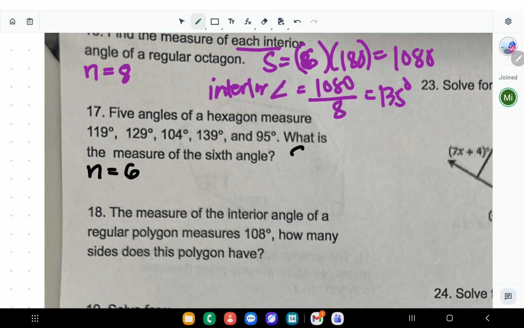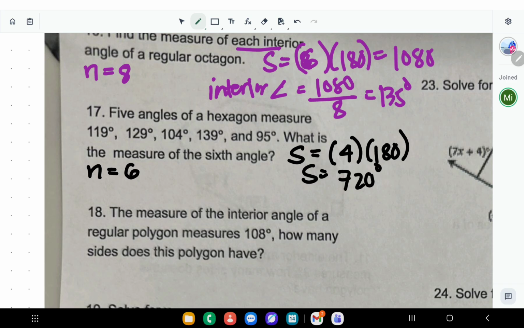So we need to find the sum first. So that is 6 minus 2 is 4 times 180. So 180 times 4, 720.